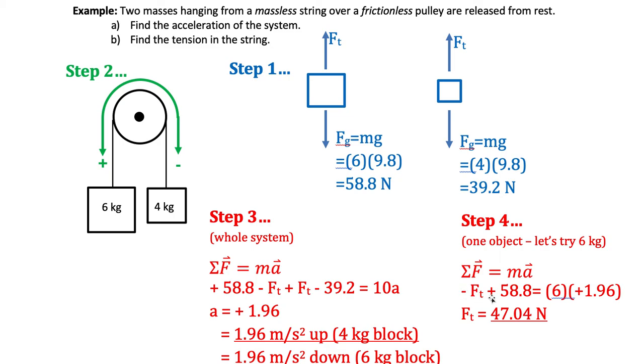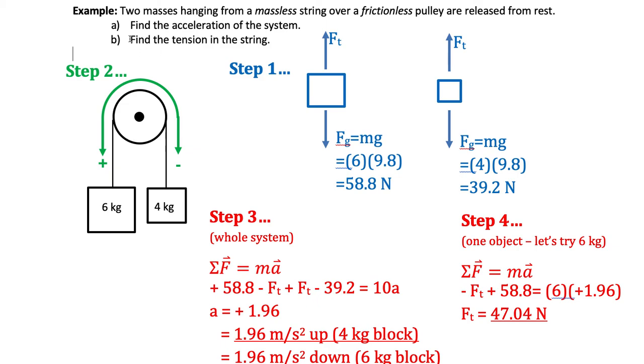So I have a negative Ft at positive 58.8. The mass of this one object that I'm focusing on is 6. And the acceleration, that's the guy I found over here. Everything has an acceleration of positive 1.96. So there's my acceleration, positive 1.96. Then I crunch through this on my calculator, and I find Ft equals 47.04 newtons.